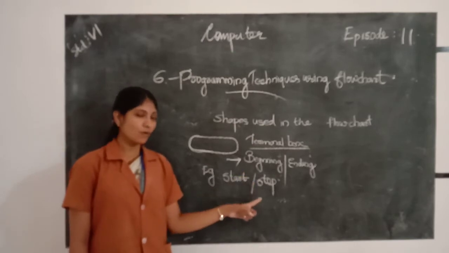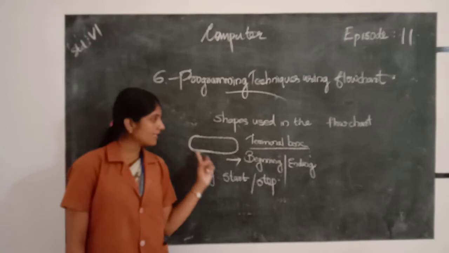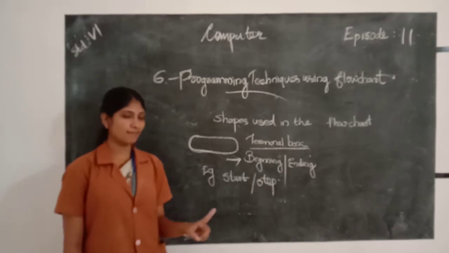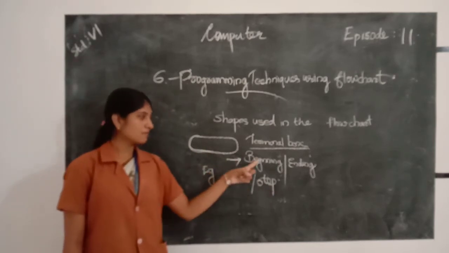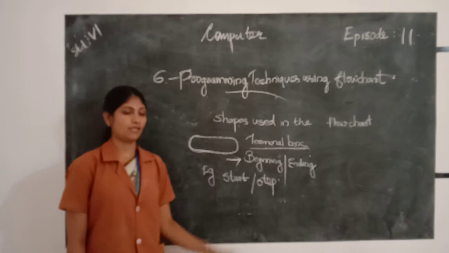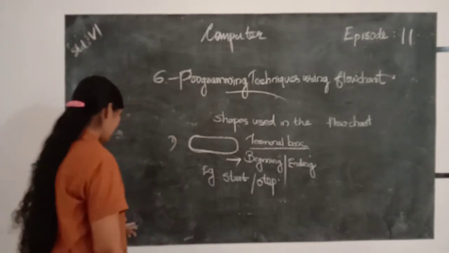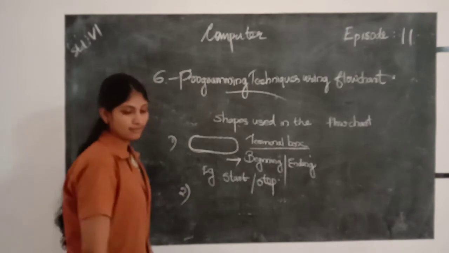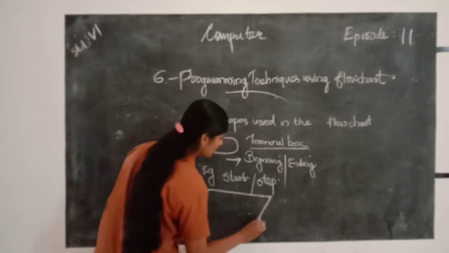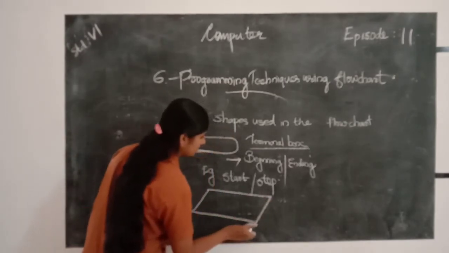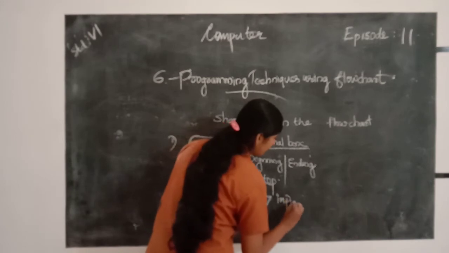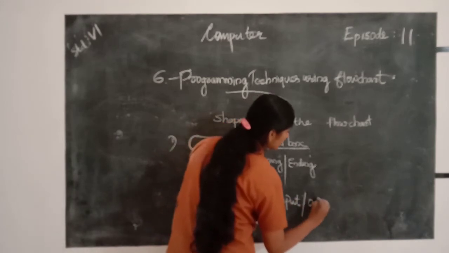So, start and stop instructions should be written inside this terminal box, at the beginning or ending of the flowchart. Remember this. Then, the name of this shape is input or output box.